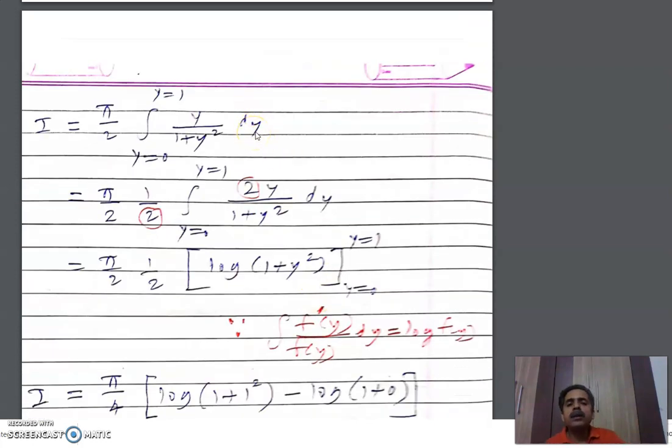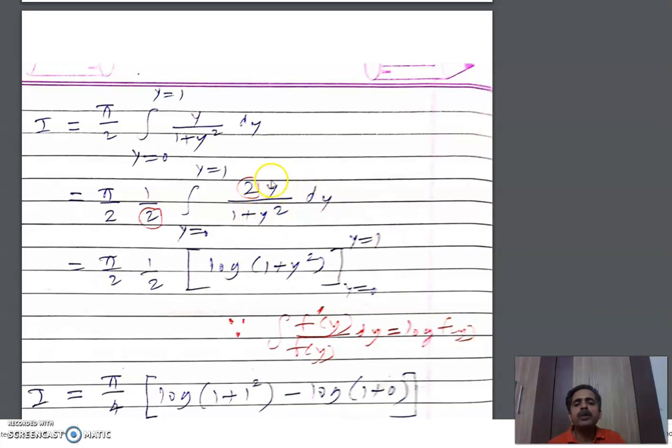And to solve this single integral, we multiply by 2 and divide by 2, because when you multiply and divide by 2, you can observe that the derivative of the denominator became the numerator. Here the derivative of 1 plus y square is 2y, present in the numerator. Apply this formula: integration of f dash of y divided by f of y dy is log of f of y.